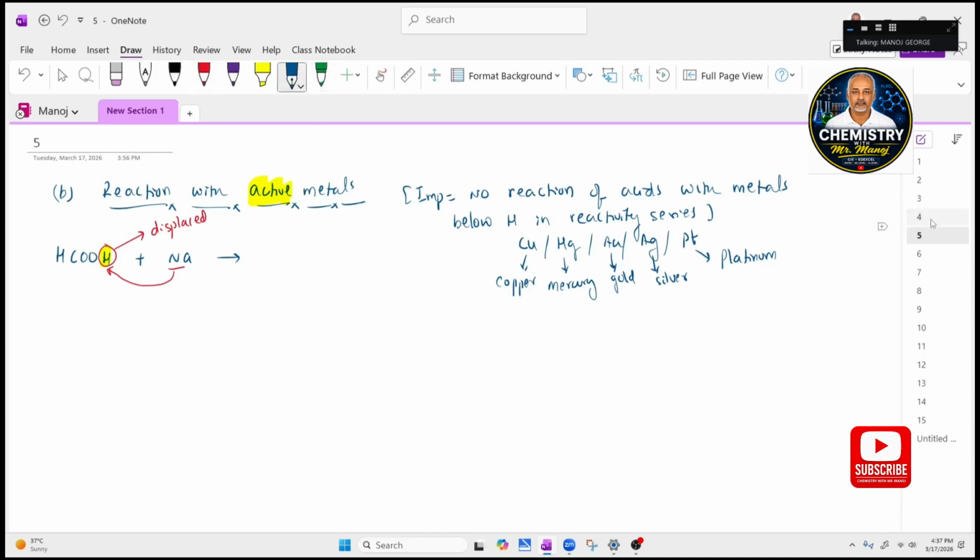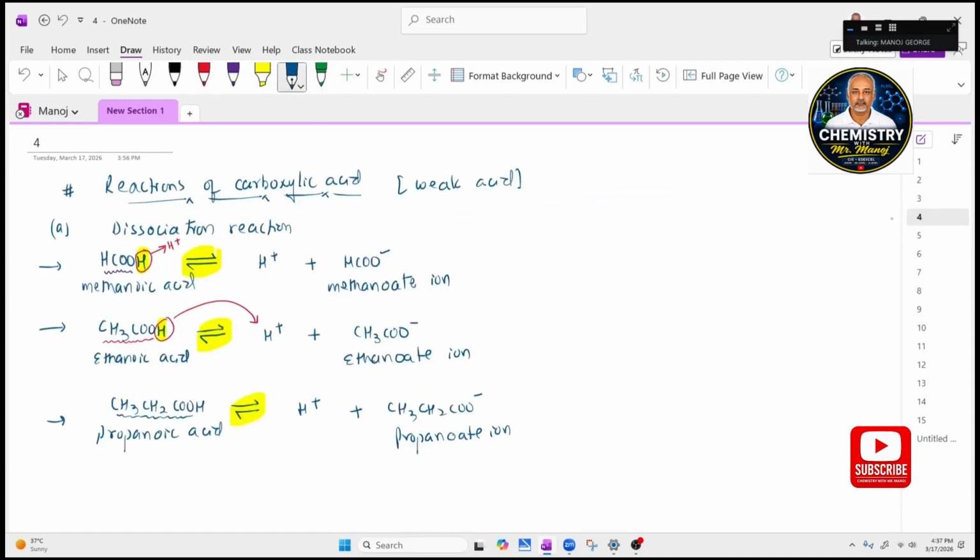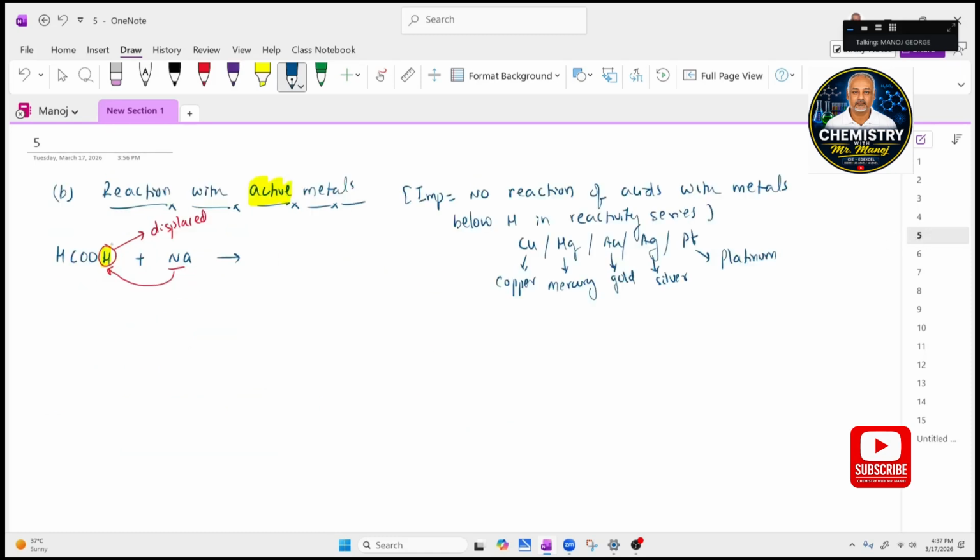Now, just now I showed you how to write dissociation equations. Now notice in that dissociation, the formation of methanoate ion. How did this ion come? When the H was lost as H plus, methanoate ion was there. Now I'm going to use that. So this HCOO negative, I'm writing here for your understanding.